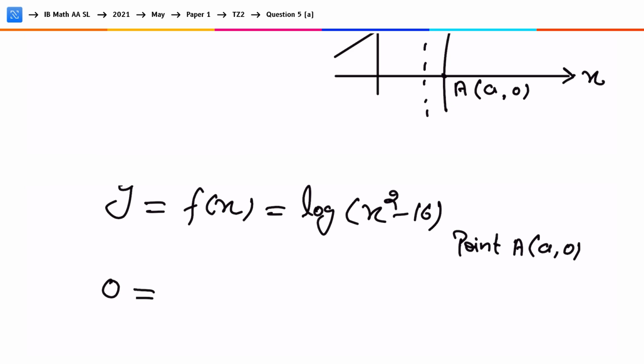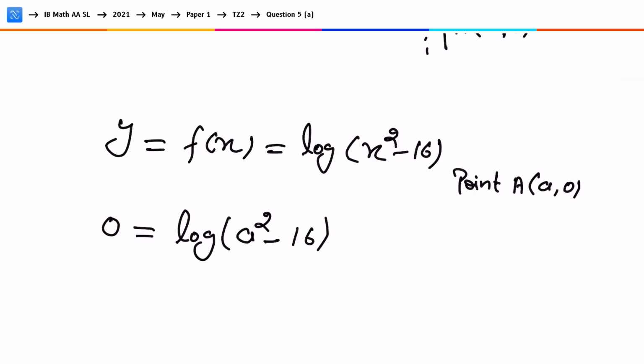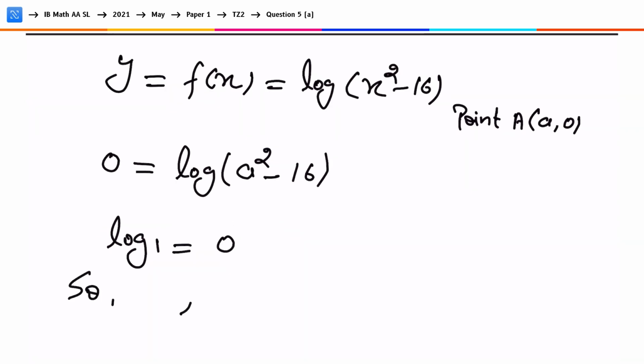We know that 0 equals log of (a squared minus 16). The value of log 1 is 0. So log 1 equals log of (a squared minus 16).